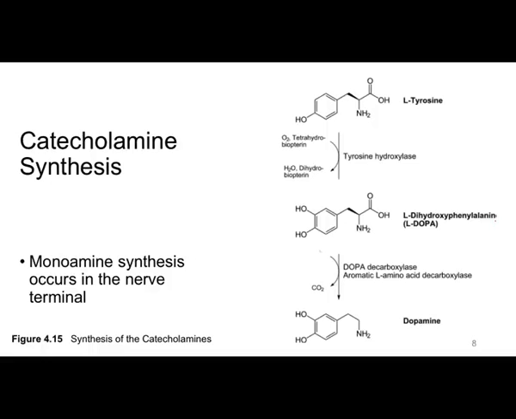Catecholamine synthesis begins with the precursor L-tyrosine. Tyrosine hydroxylase then converts L-tyrosine into L-dopa. Dopa decarboxylase converts L-dopa into our small molecule monoamine dopamine.